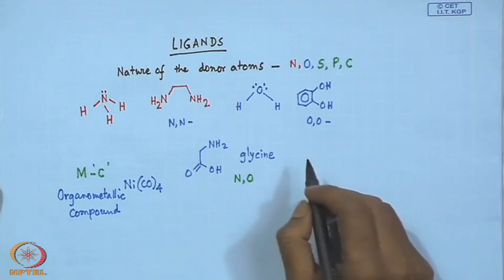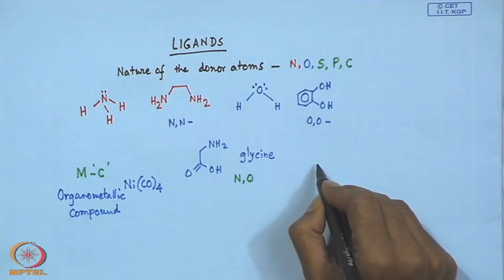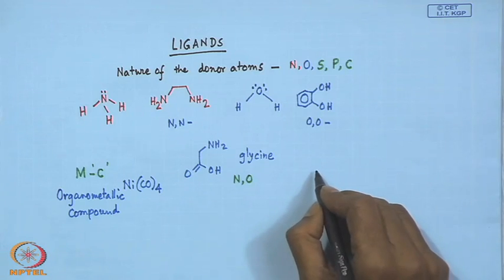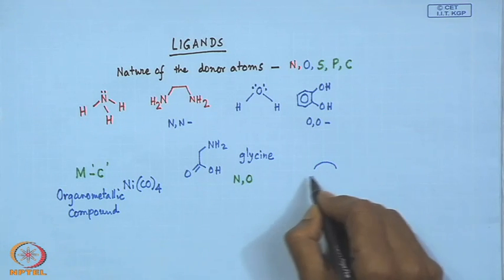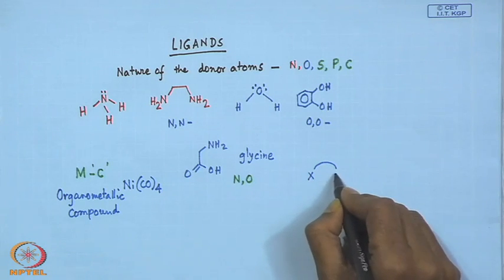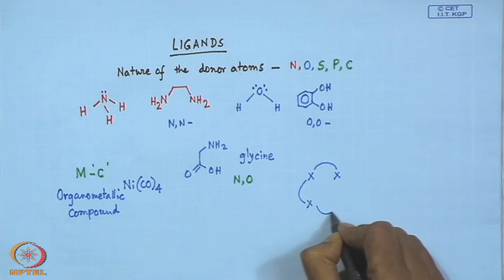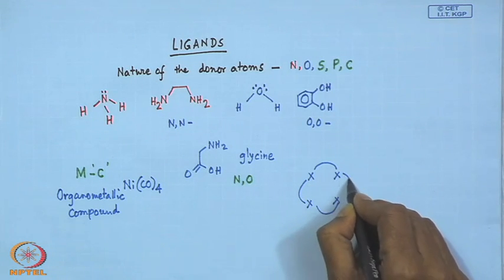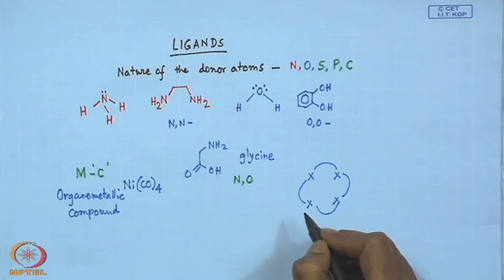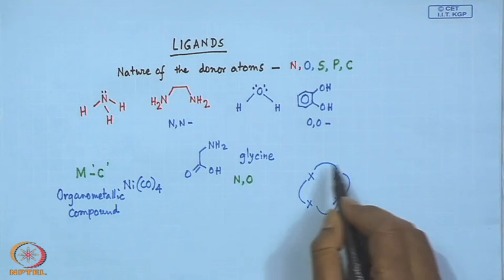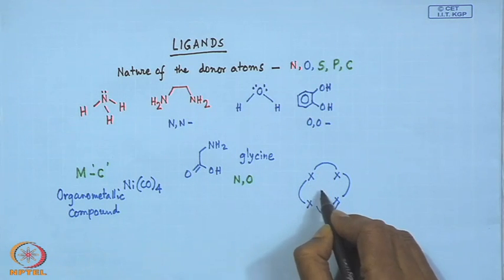So, all these ligands are present in a typical backbone, and in some cases, if X is the typical donor point, we can encircle all the 4 donor atoms like this and put the metal center at the center.